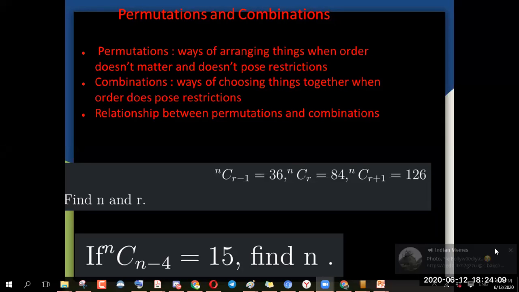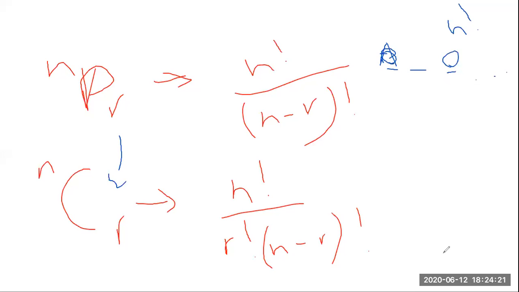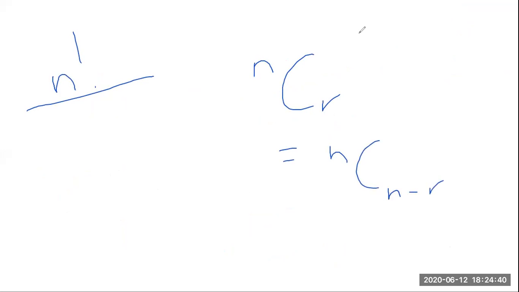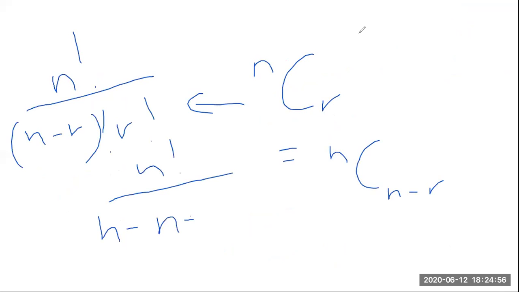And yeah, combinations also have this property that nCr is equal to nC(n minus r), and you can see why that occurs, because when you input this, these are just equal; n and n cancel out, and these are the same.